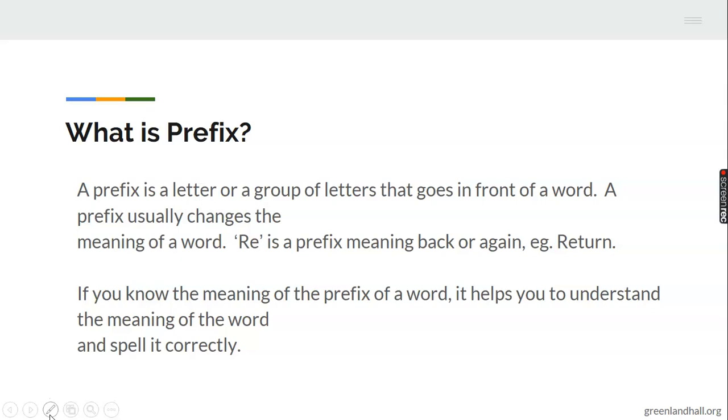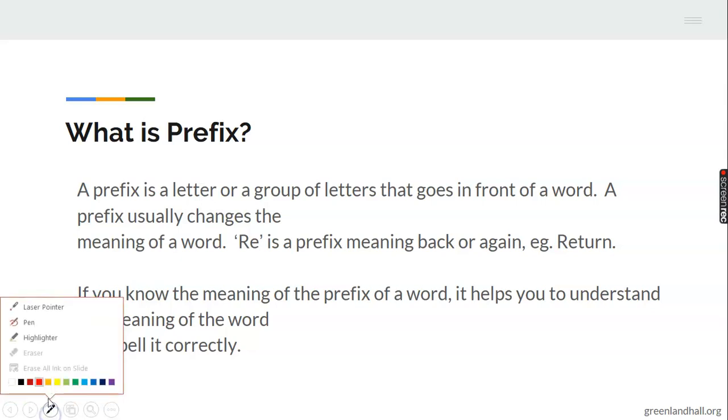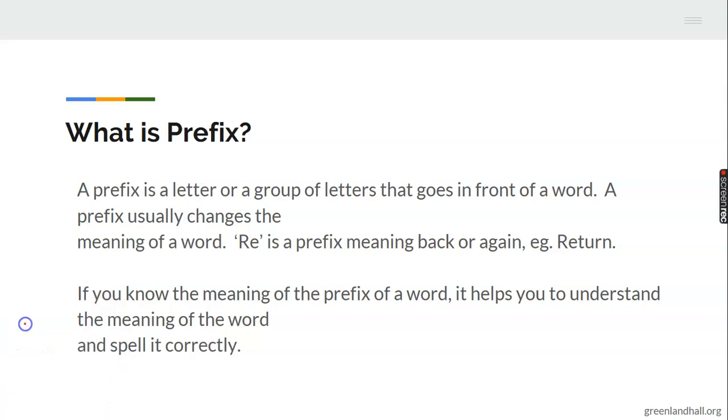A prefix usually changes the meaning of a word. You have a word and it will be changed because you have added something to it. And that letter or group of letters is the prefix. Like we have said, it is a letter or a group of letters that goes in front of a word.